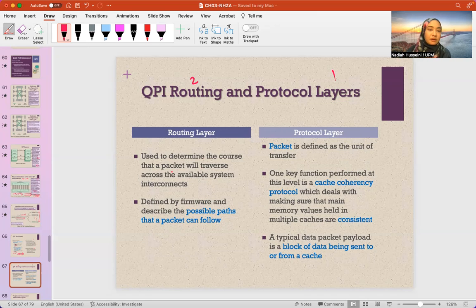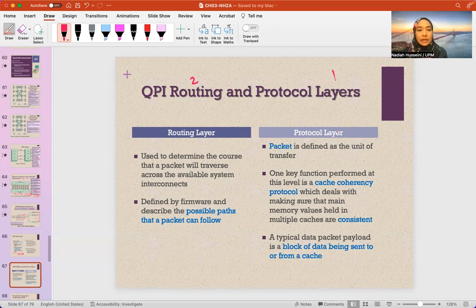It's like a maze. Find out the possible paths to get out of this maze. And then it decides which is the best path to use. This is defined by firmware and describes the possible paths that a packet can follow.